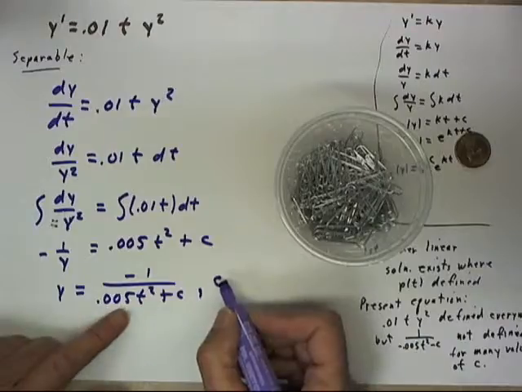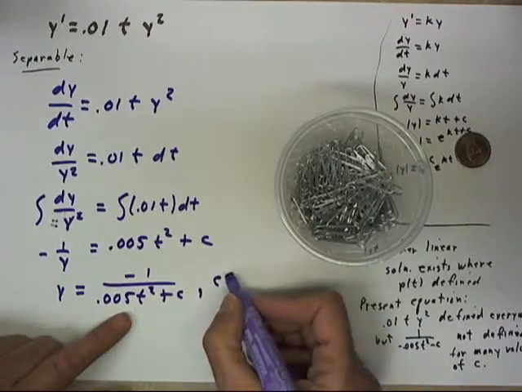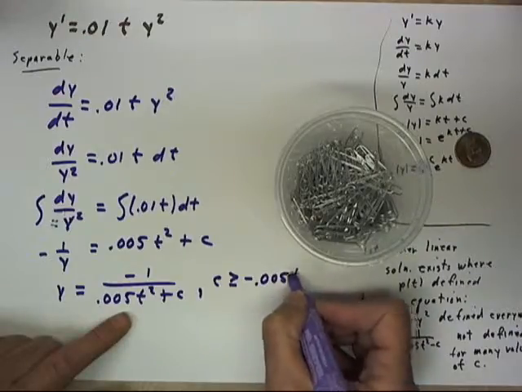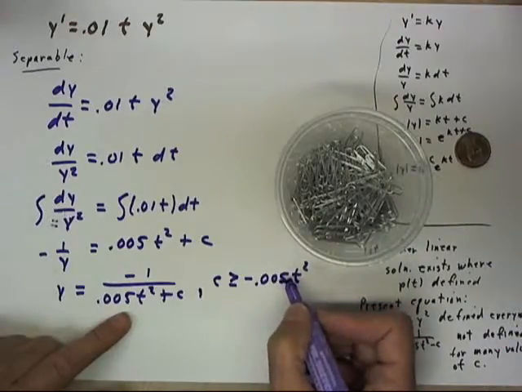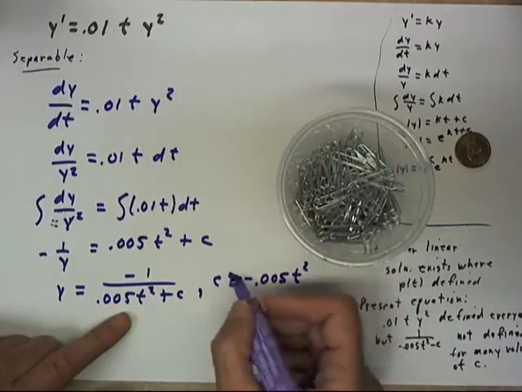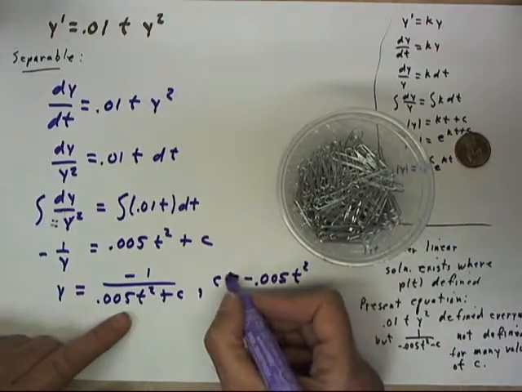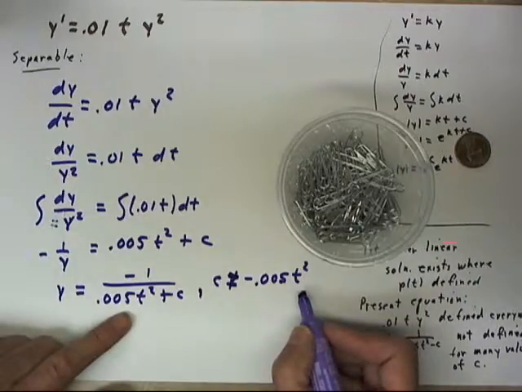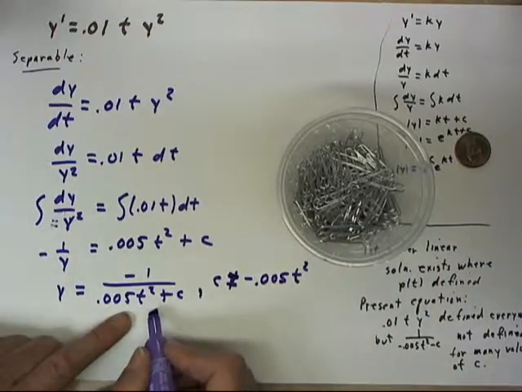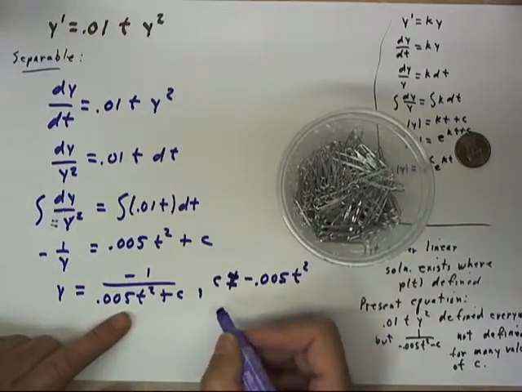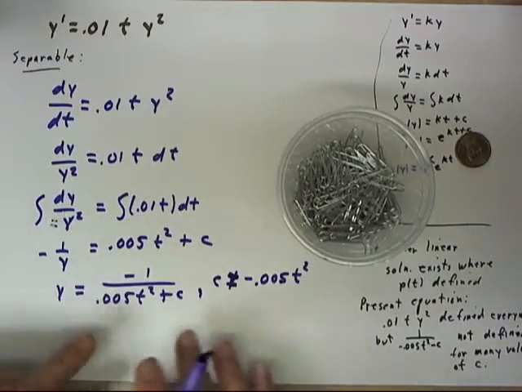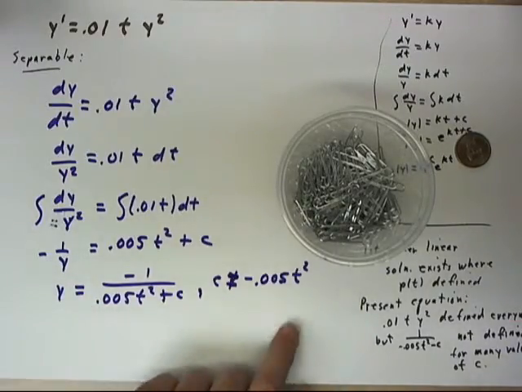As long as c is not equal to negative 0.005 t squared, because if it is, our denominator is going to be 0. As long as everything's defined here, we have a solution.